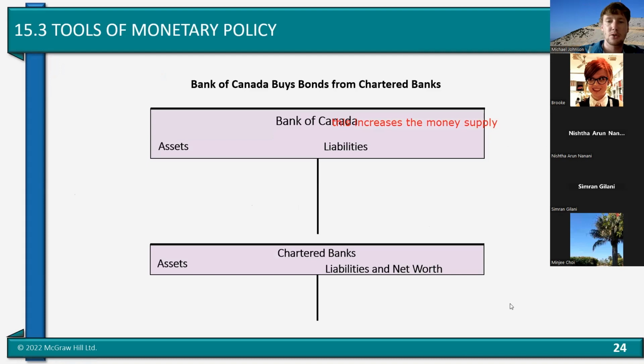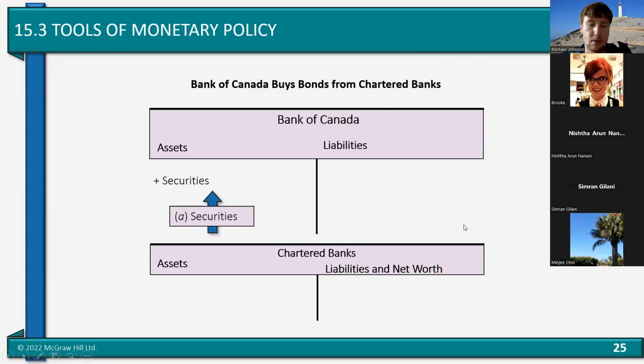So I'll show you the visual for how this works. When the Bank of Canada buys bonds from charter banks, the amount of securities will go up at the Bank of Canada. So they're lending here.